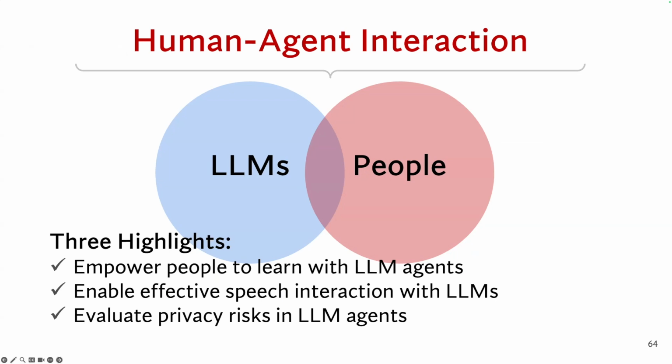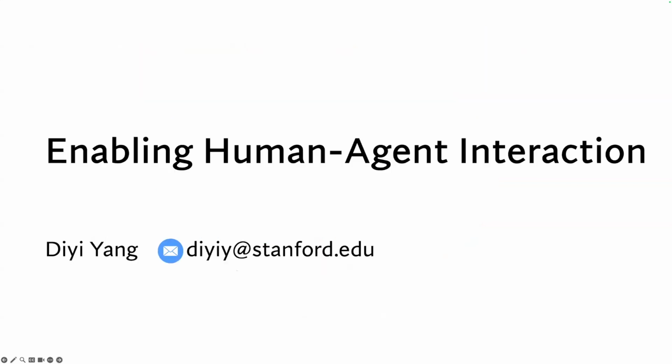And then in order to support such interaction, we need a strong foundation for speech interaction. And then lastly, I shared in this agent interaction trajectory setting, how we could potentially audit risk and privacy issues. With that, that's all I want to share today. Thank you for listening. Happy to take any questions.